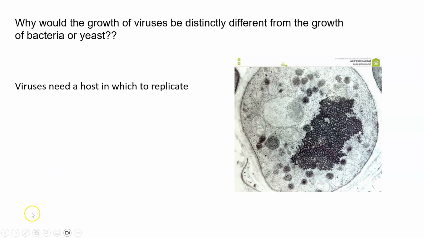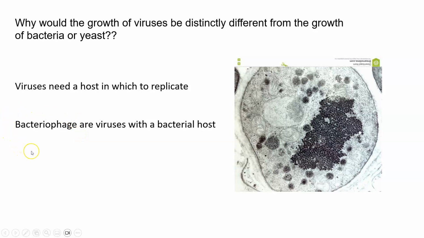So you can't just take virus and throw it into some broth or on a petri plate and get it to grow. I want to remind you of this word. I think we've mentioned it, but in case I haven't, a lot of what we know about this is related to bacteriophage. And bacteriophage are viruses with a bacterial host. So some of what I'm going to talk about related to how viruses multiply are going to specifically show you diagrams of bacteriophage.